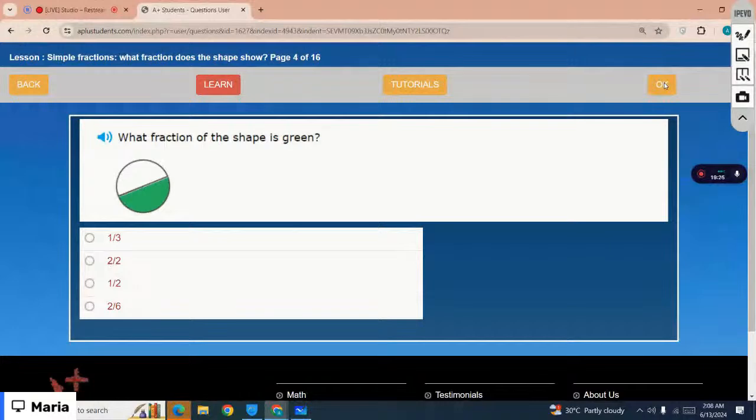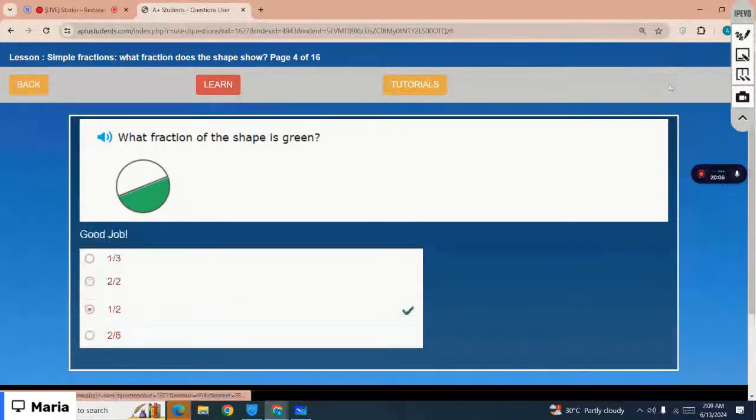The correct option is 1 out of 2. Yes, that is 1 out of 2. The shape has total 2 portions. One of them is green, so that would be 1 out of 2.